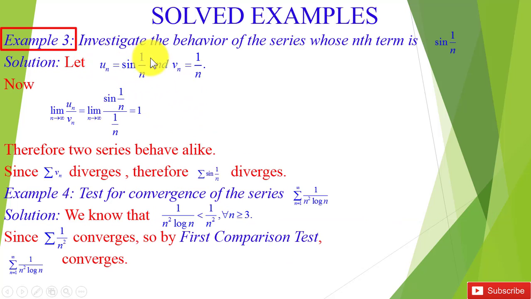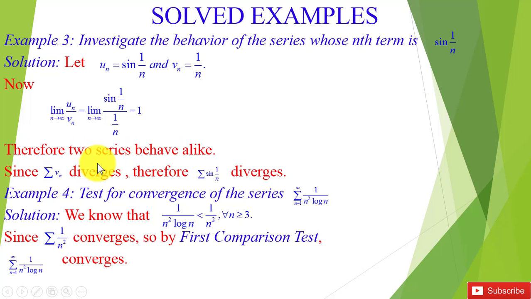Example 3. Investigate the behavior of the series whose nth term is sin 1 by n. Let un is equal to sin 1 by n and vn is equal to 1 by n. Now limit n tends to infinity un by vn is equal to limit n tends to infinity sin 1 by n by 1 by n is equal to 1.